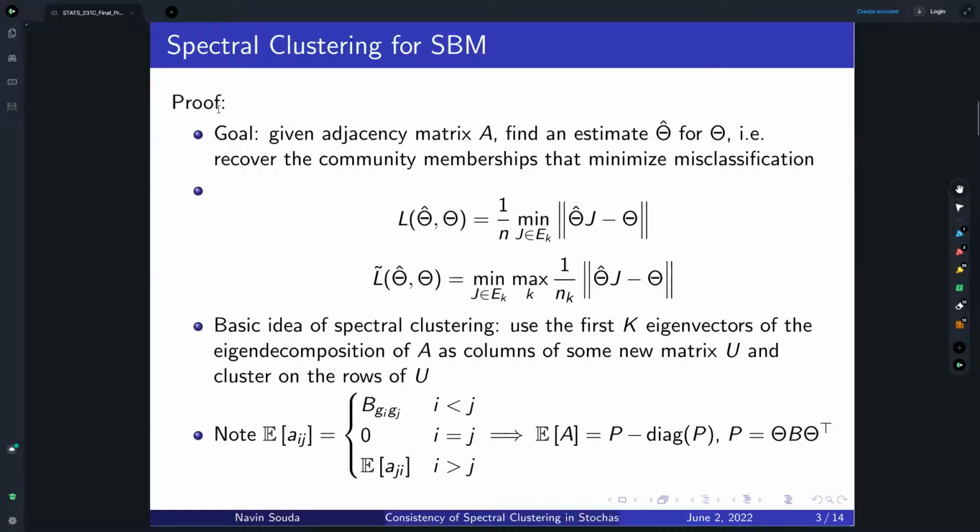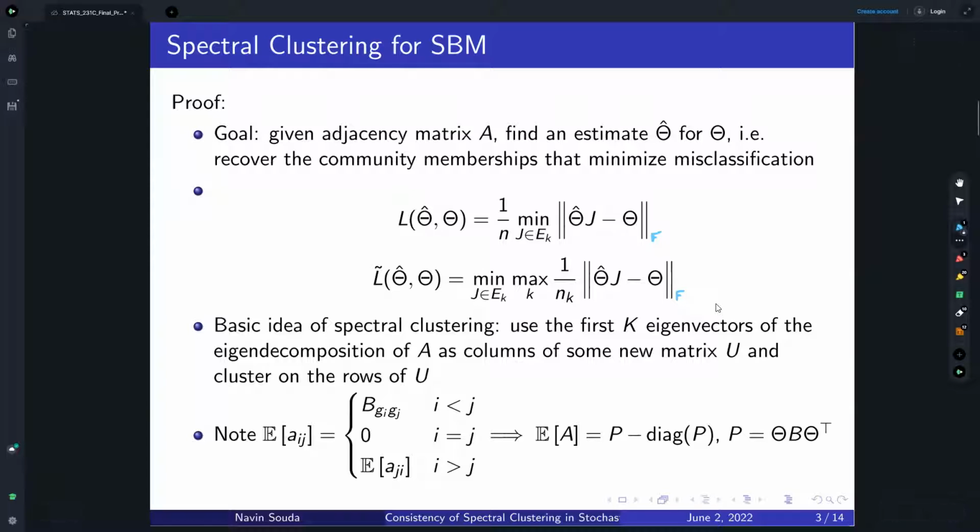We're going to define two types of misclassification error. One is the overall misclassification error, which is L(theta hat, theta). It's pretty much exactly what it looks like. I believe this should be a Frobenius norm. Sorry about that, these should be Frobenius norms.